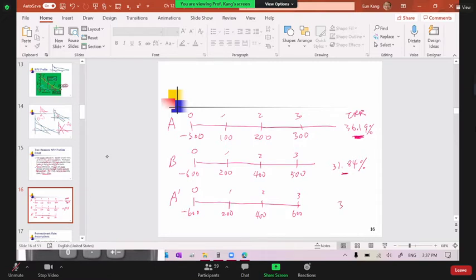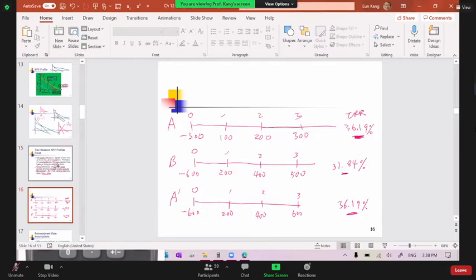Then you will have the same IRR as A. So A and A prime are basically the same profitability, except that A prime is twice as big as A, right? So as long as the return is the same, the size actually doesn't matter.